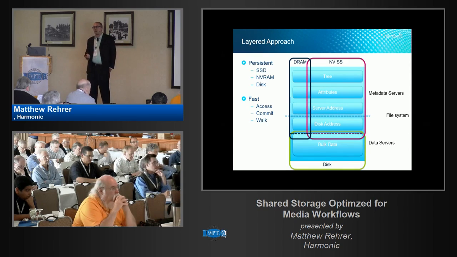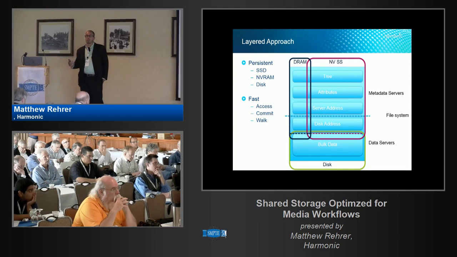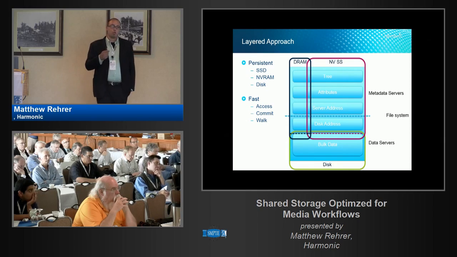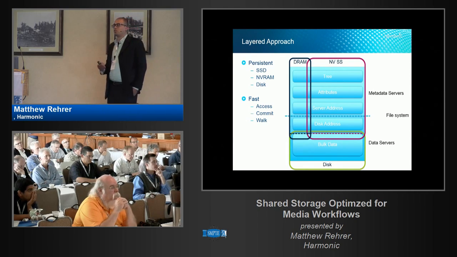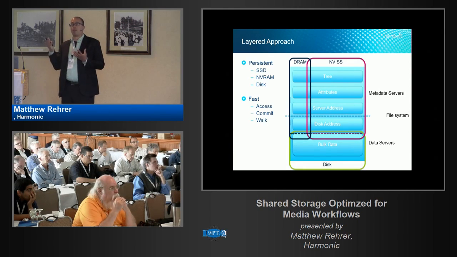So fast access to the metadata in the DRAM, the ability to commit those small files quickly, which go into the NVRAM in the data servers themselves, and then doing things like walking the entire file tree, which is something you would do after a software upgrade of one of the nodes needs to come back up and synchronize its metadata with the other.